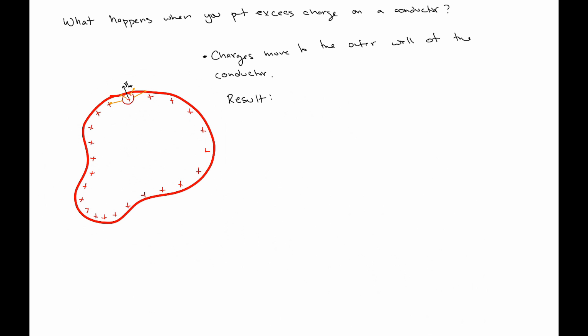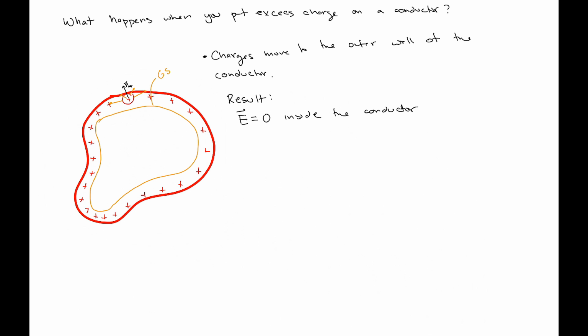Well, the result is that the electric field has to be zero inside the conductor. Okay, how do I know that? Well, I can draw a Gaussian surface, and really I'm drawing this kind of interior to those charges, but I could draw it just on the inside of the wall of a real conductor.